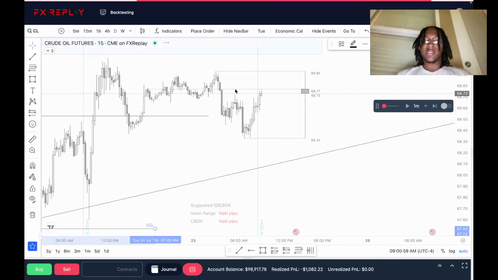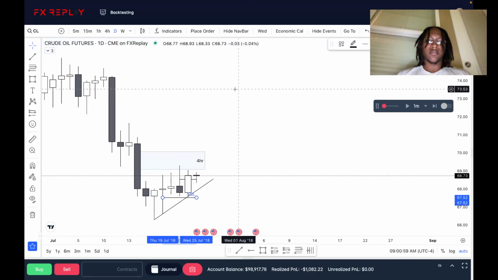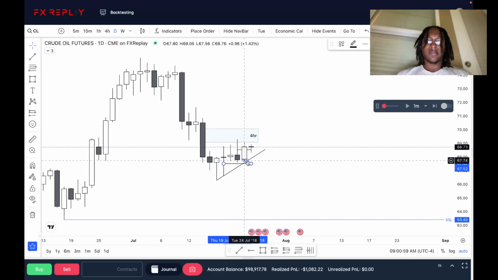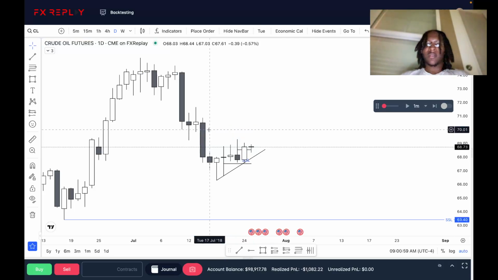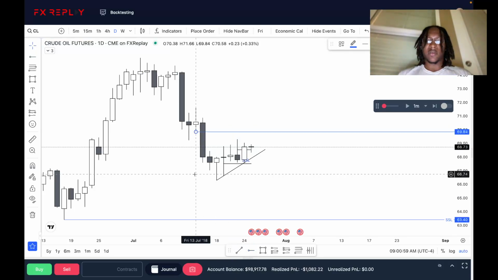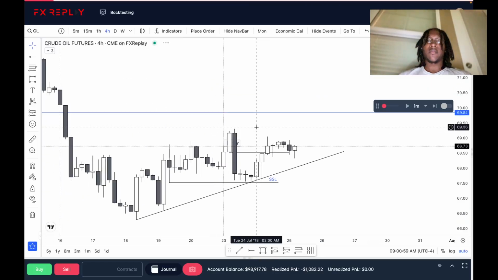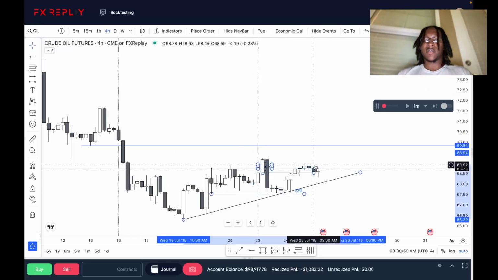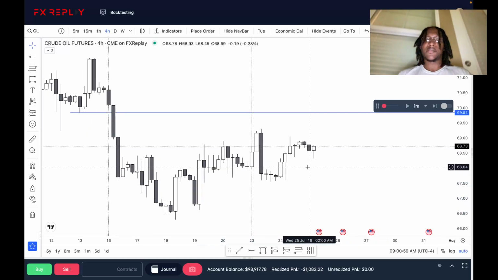Inside 130, going to the daily. Looking at a little bit of a consolidation. The draw maybe up here. Yeah, we're stuck in a consolidation here.